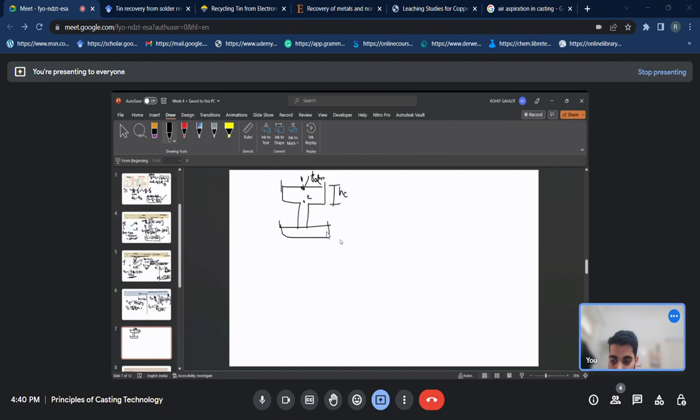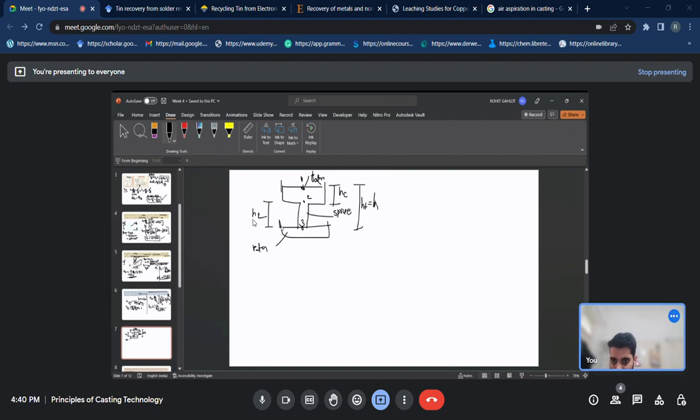Here also the pressure will be atmospheric pressure, and this point will be point number 3. This is the sprue, and the height is h2, this is hc, and the total height is ht, say it is h.